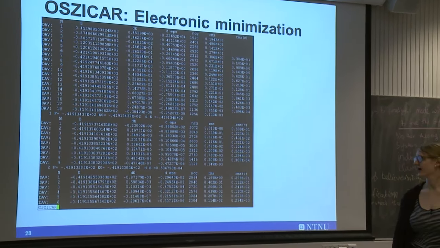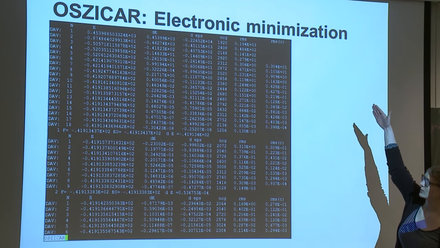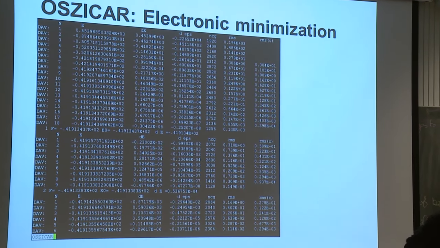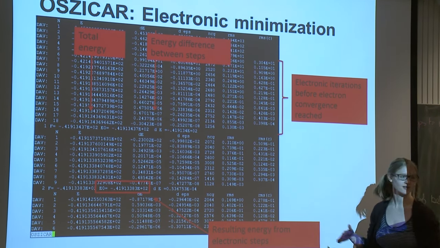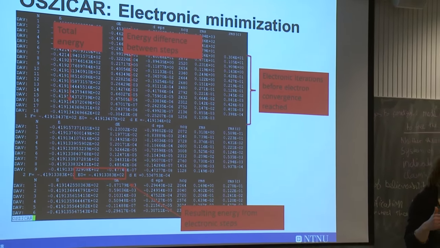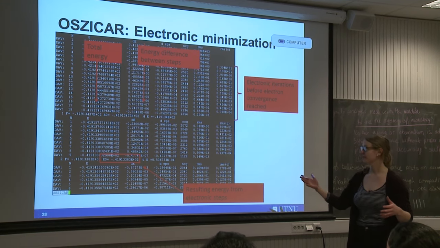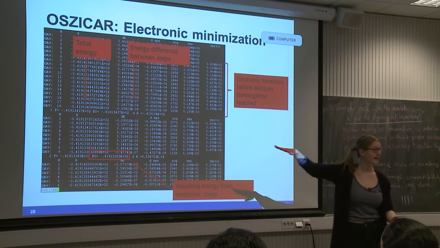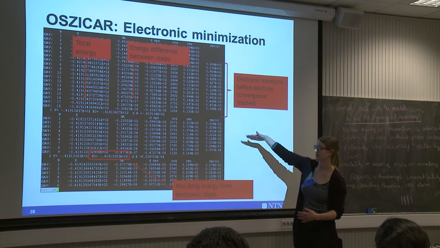So we talked about the self-consistency scheme and the electronic iterations. That's basically what you see here. So each lump here is a set of electronic minimization steps. And then you have defined some sort of electronic convergence criterion, so then it goes out of the loop, calculates forces on ions, moves the ions, and then it starts all over, right?